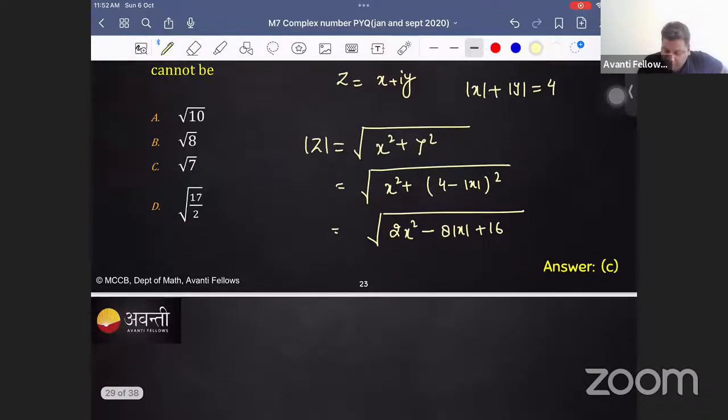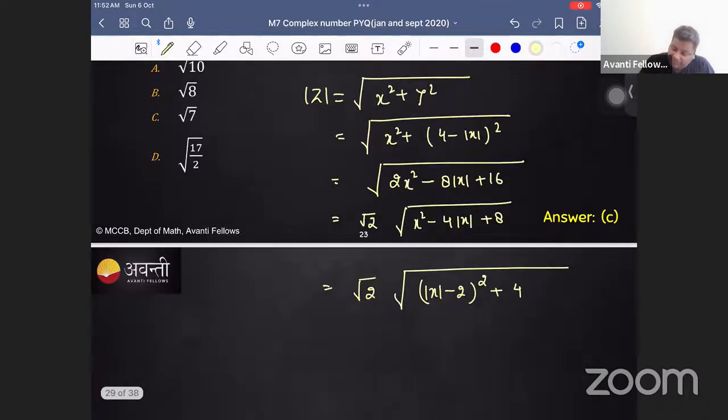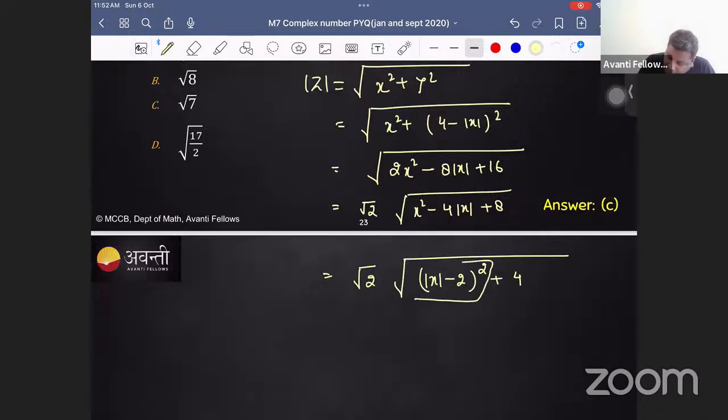Am I correct? Now if you take root 2 outside, you get x square minus 4 mod x plus 8, which I can write root 2 times. Inside the root, it will be (mod x minus 2) whole square plus 4. Correct? Now, see, this quantity is always greater than or equal to 0. Yes or no?